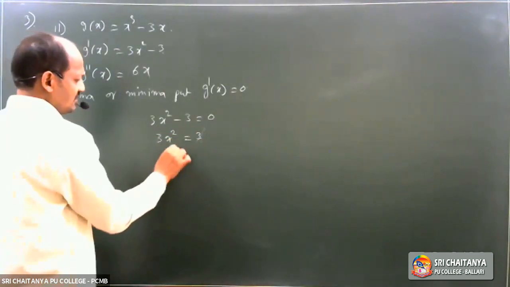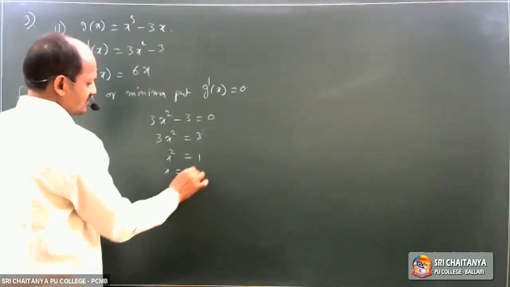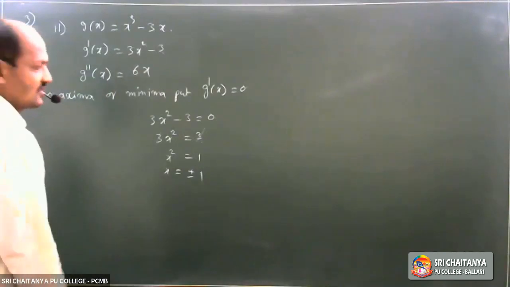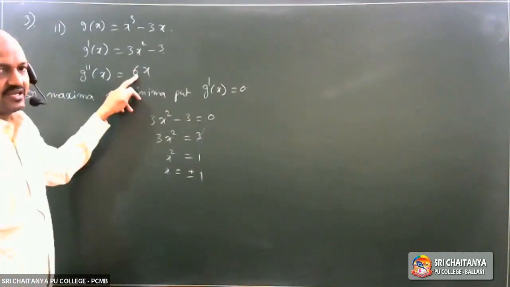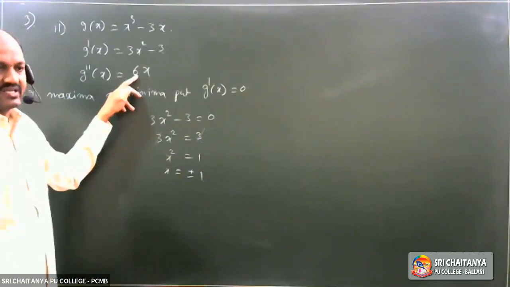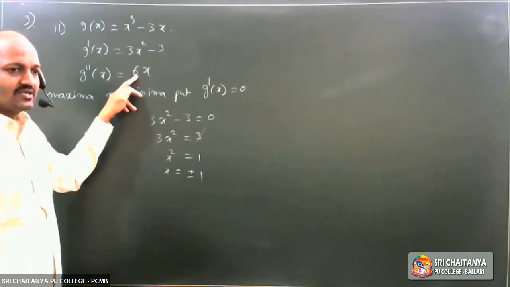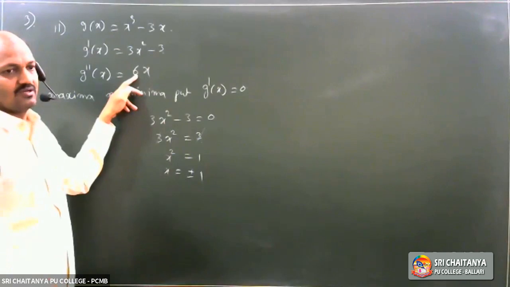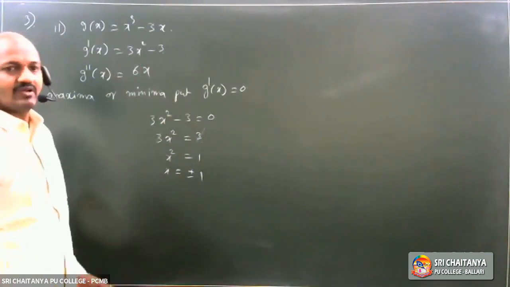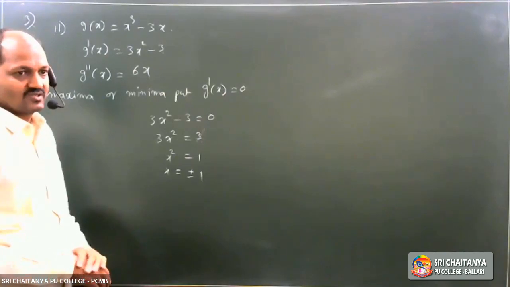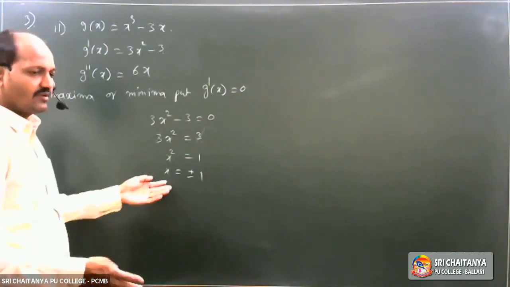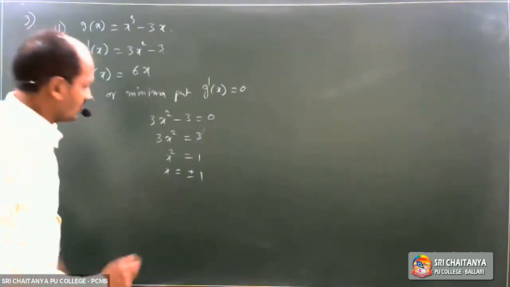X square is equal to 1. X is equal to plus or minus 1. So if x is equal to plus 1, the second derivative is 6. Second derivative plus 6 means it has a minimum. This function has both maximum and minimum, unlike the previous one.